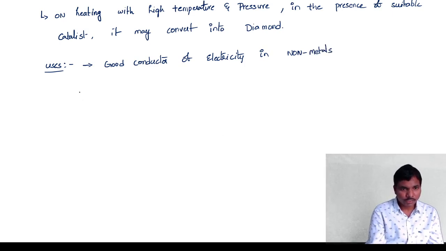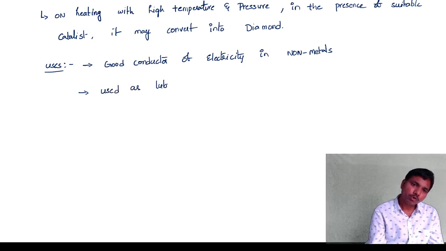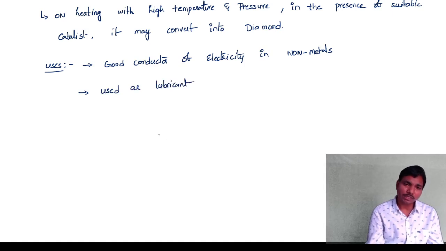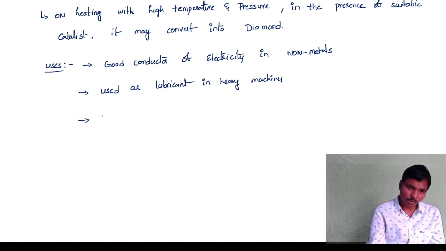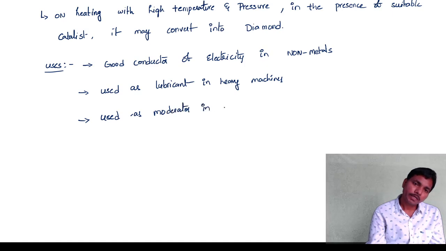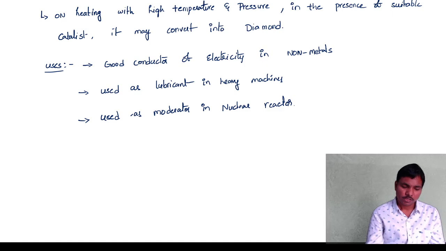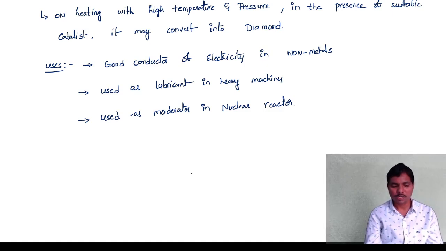And it is used as a lubricant because of its soft and slippery nature in heavy machines. Also graphite is used as a moderator in a nuclear reactor. Very important question.